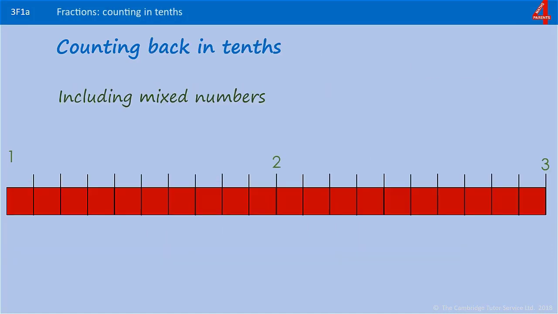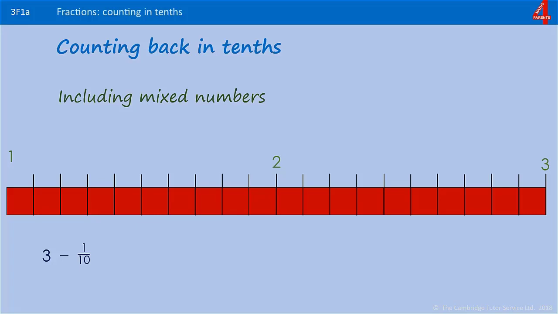A line here that goes from 1 to 3, and in between each whole number it's been divided into 10. From 3, if we take away 1/10, we're going to have a mixed number, and we know that the whole number is going to be less than 3 because we've gone below the 3. So it's going to be 2 and so many tenths.